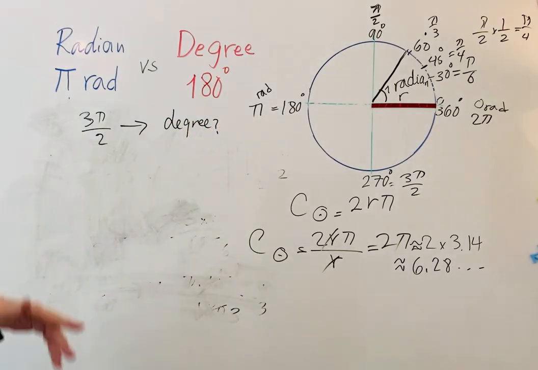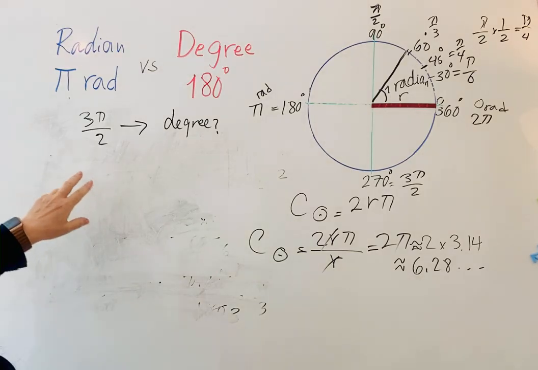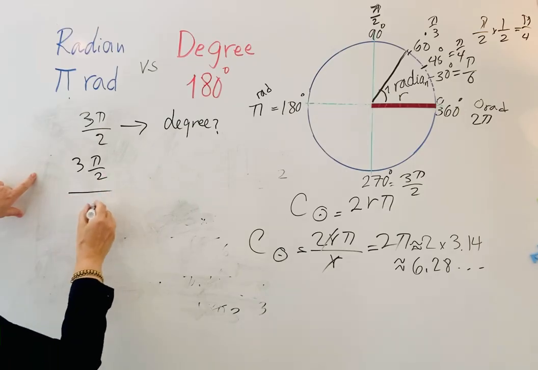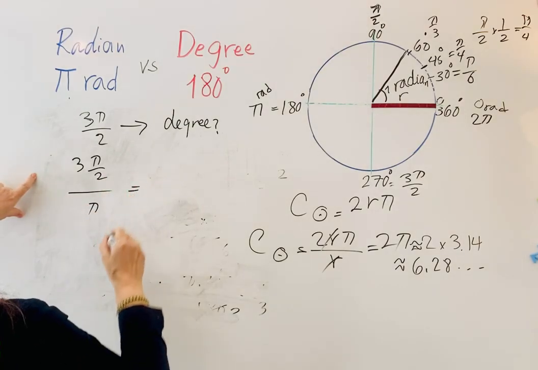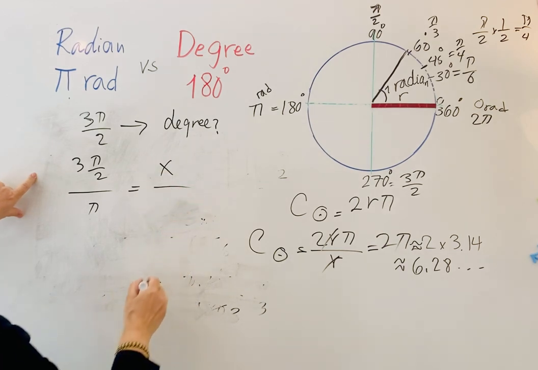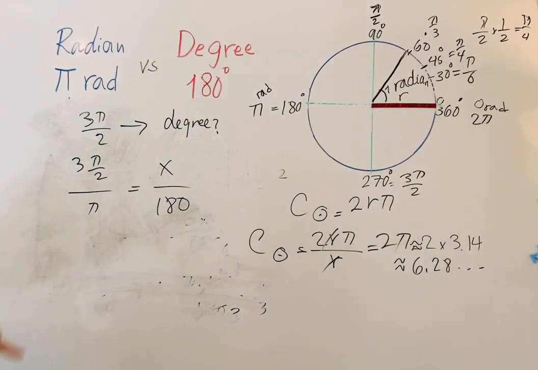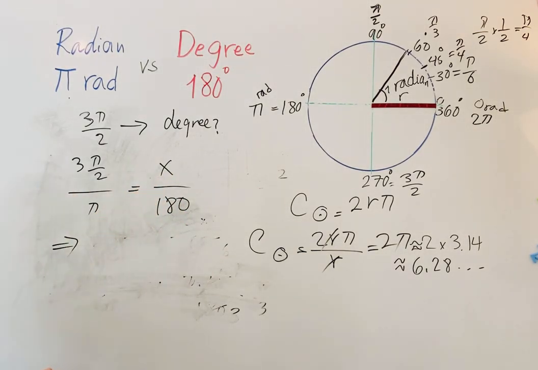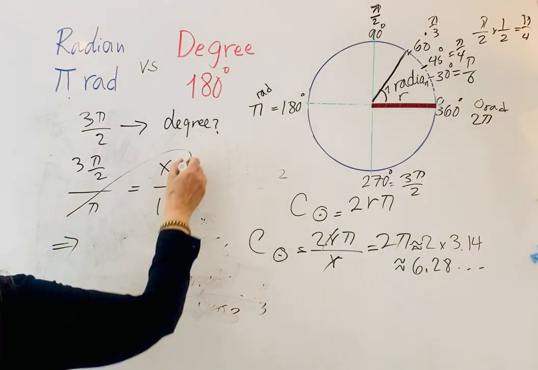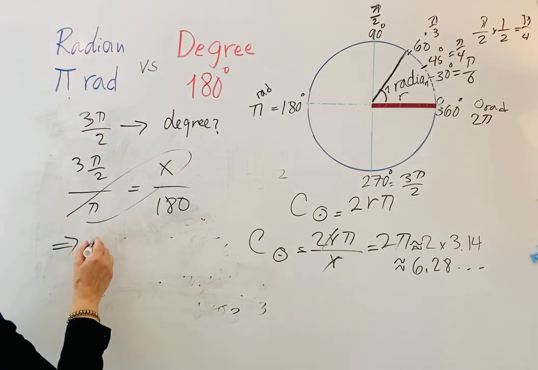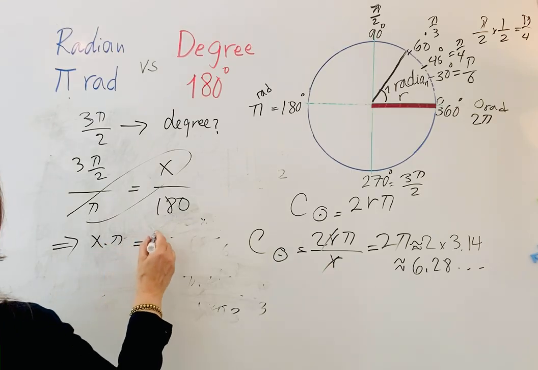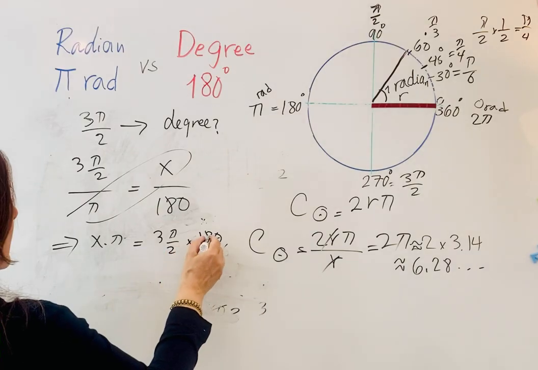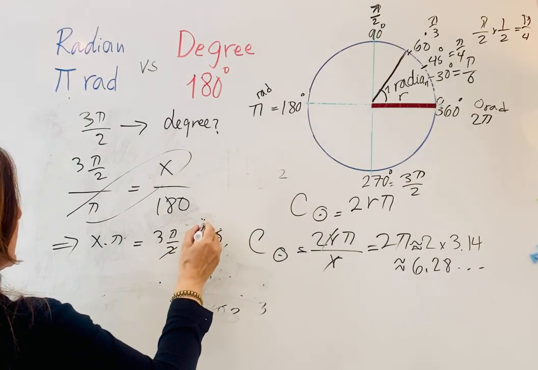How can we do that? The same thing. You can say 3 pi over 2 over pi is equal to x over 180. Make a proportion and do cross multiplication: x times pi equals 3 pi over 2 times 180. We can simplify here, 180 over 2 gets 90.